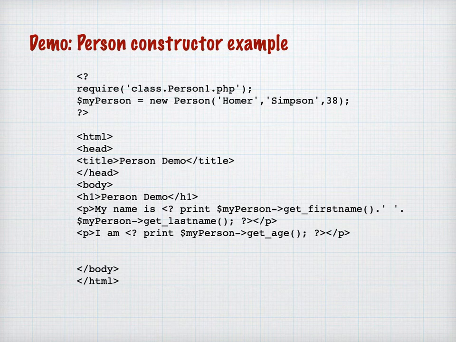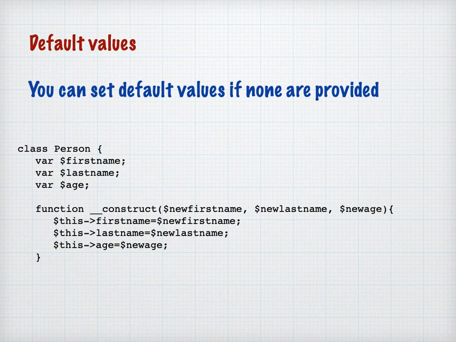Now what's particularly elegant here is we can set default values if none are provided. So here's the original code. So if you look at the construct line, have a look at new first name, new last name and new age. And what we can do is we can slightly change that to say, if that bit of data is not provided, what will be the default value in those cases?